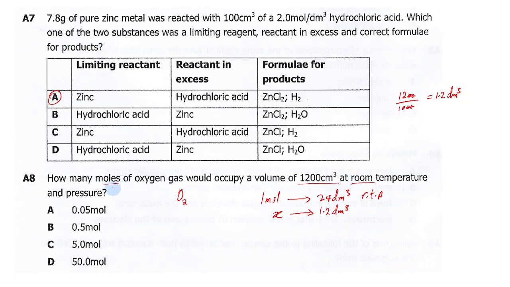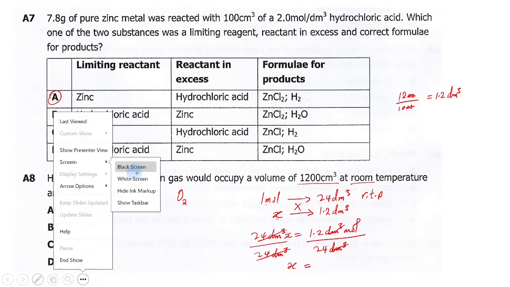Where I'm asking moles, I put X. Then I just cross multiply: 24 decimeter cubed times X equals 1.2 decimeter cubed times 1 mole. I divide by 24 decimeter cubed on both sides, so those cancel totally, and I remain with X equals 1.2 divided by 24.